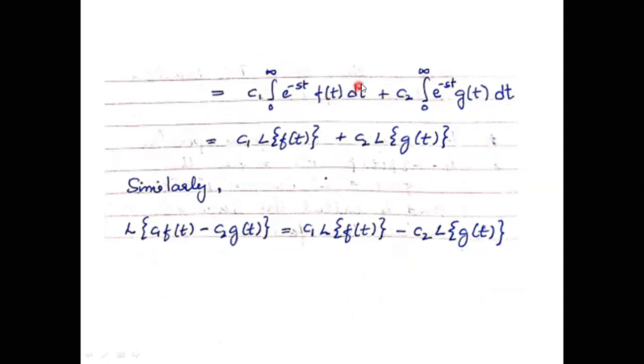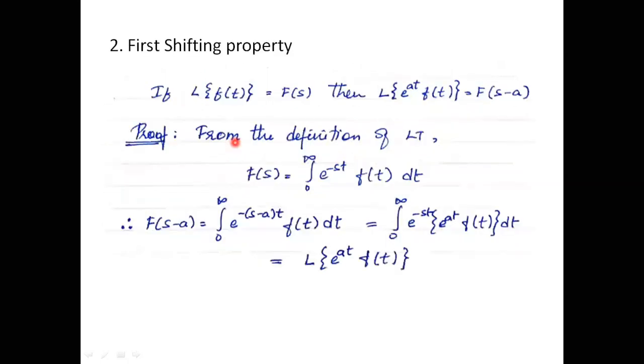C1 into this integral can be written as Laplace transform of f of t, plus c2 into this integral can be written as Laplace transform of g of t. So similarly, this can be written for subtraction also. The same proof follows for subtraction also.